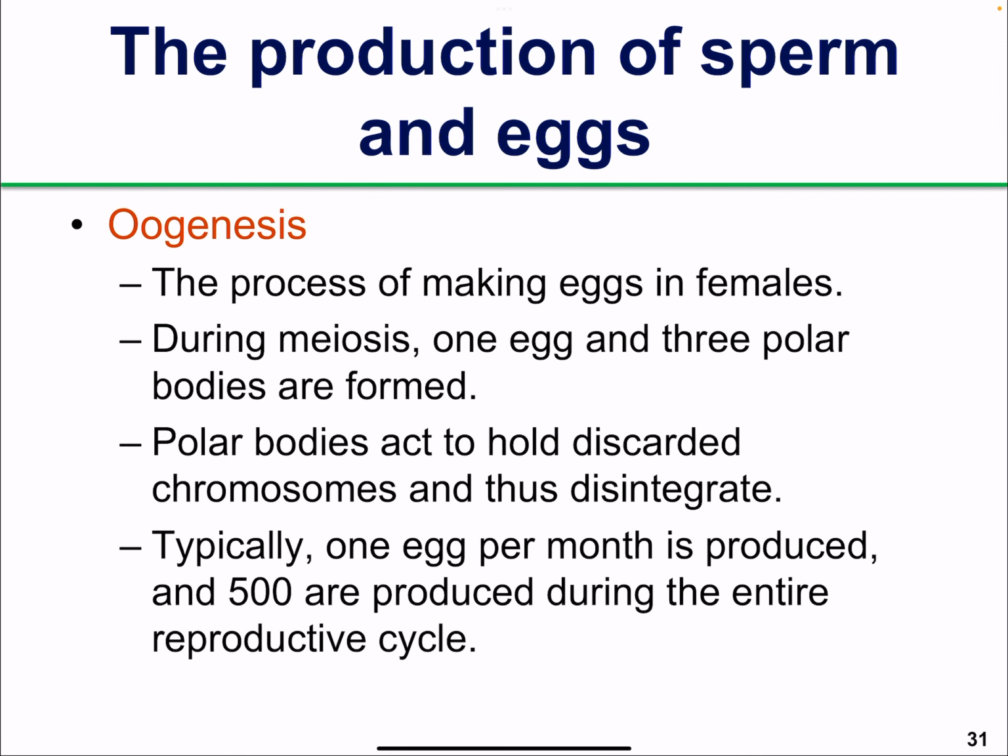While oogenesis is the formation of egg cells in females. The process is different from what happens in males, because the process of meiosis in females starts before birth, right? However, as it starts before birth, a number of cells are going to stop at a particular stage of meiosis, and they stay at that stage until the age of puberty.